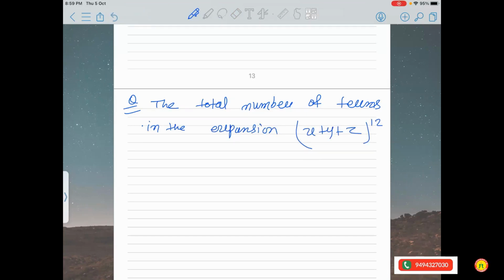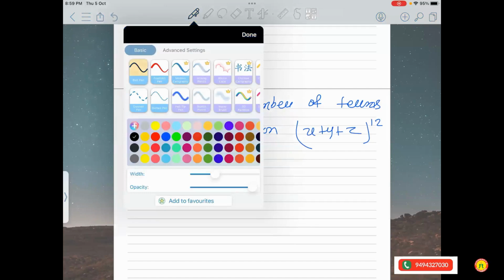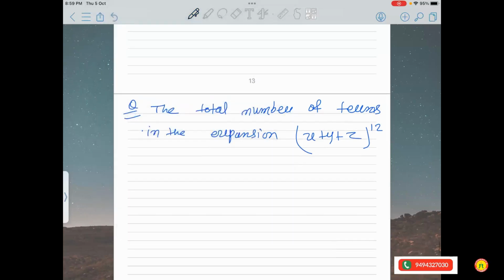Here you can see the formula is n plus r minus 1 C r minus 1. This is the formula for the total number of terms. Got it?